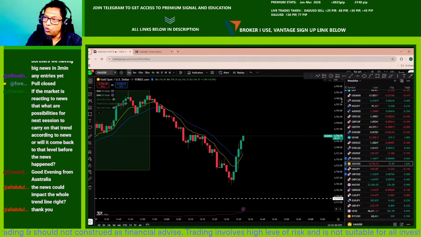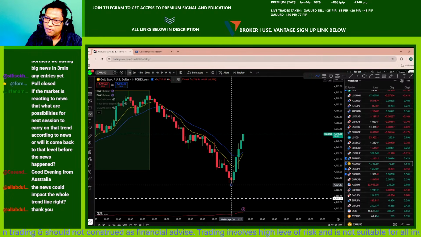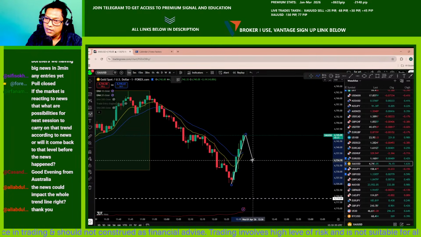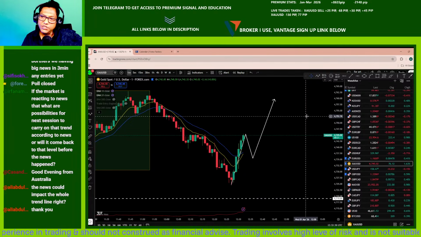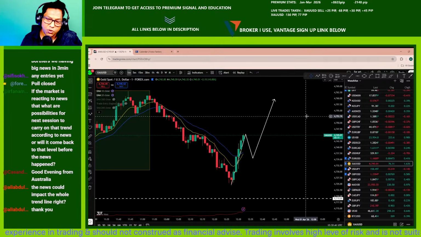Okay, this is an initial move that you can see here. If we see a pullback here, we will be looking at entry.